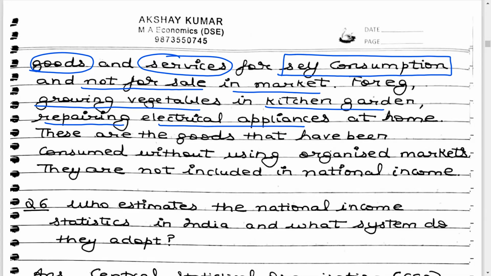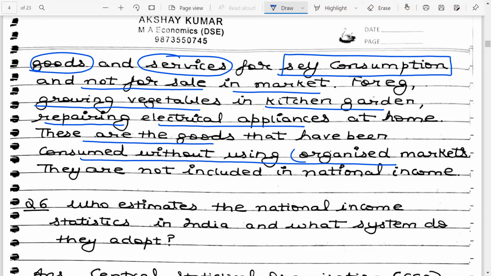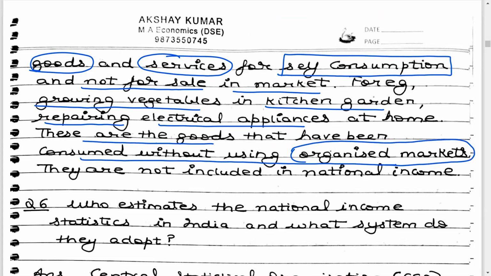I am not getting paid for repairing my own electrical appliances. So it is a non-market activity. We can say that these are goods that have been consumed without using organized markets. That means, guys, for non-market activities, there are no organized markets. Hence, non-market activities are not included in national income.